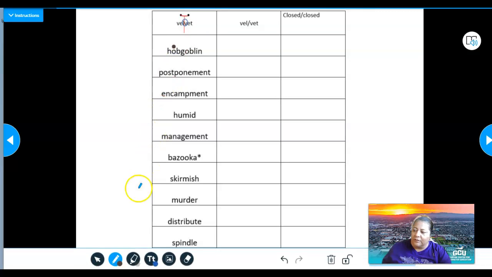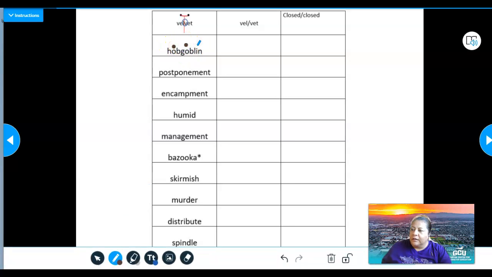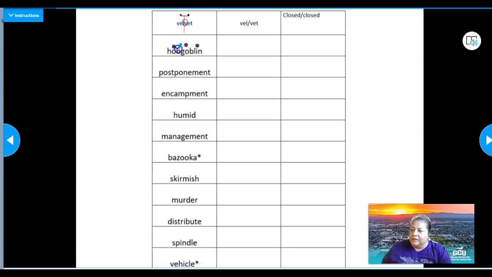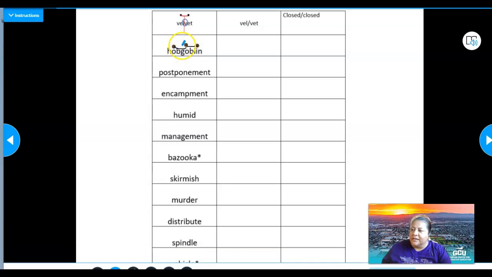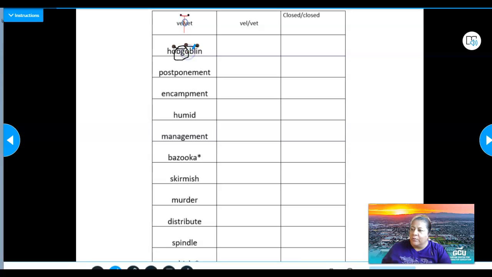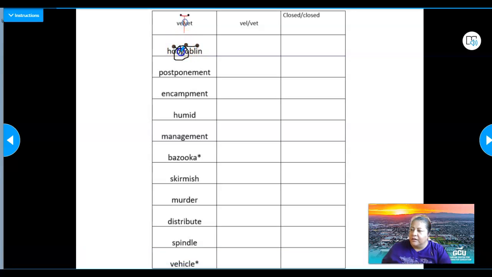And then what you do after that is you make a line connecting those vowels. I'm sorry that I'm doing it all crooked because I'm going fast. But then you're going to circle the consonants that are around those vowels. And then that's what you split it right between.